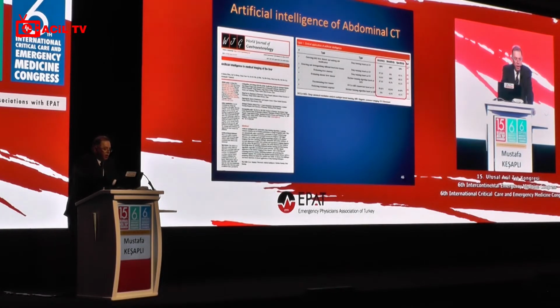And this is from the World Journal of Gastroenterology. They focus just on liver findings. The artificial intelligence commented on the liver pathologies, and otherwise the radiologist made comments. So they were equal to each other.